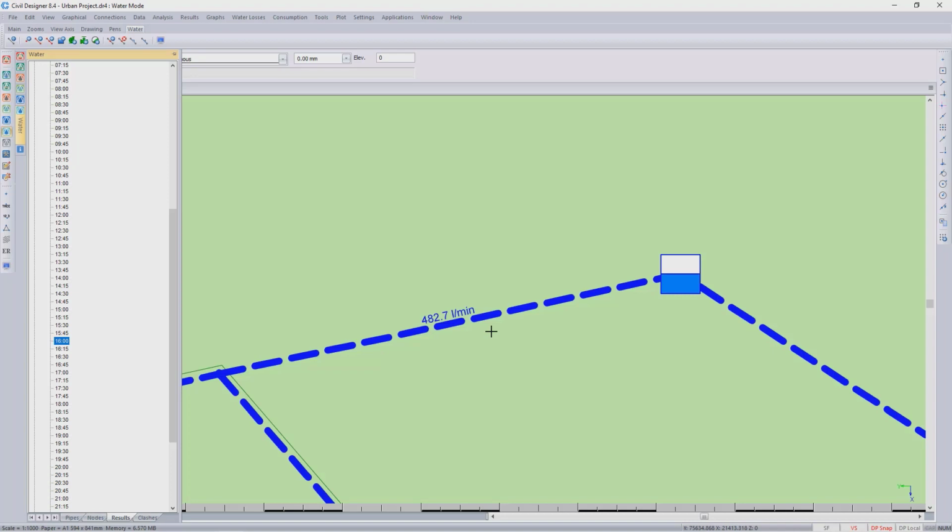So why I've brought you to this example is because the maximum flow during a time simulation is the flow rate plus the fire hydrant flows that's going to take place during the simulation or the fire flow analysis.